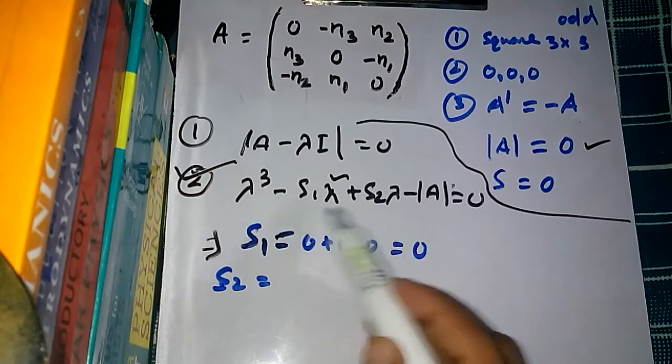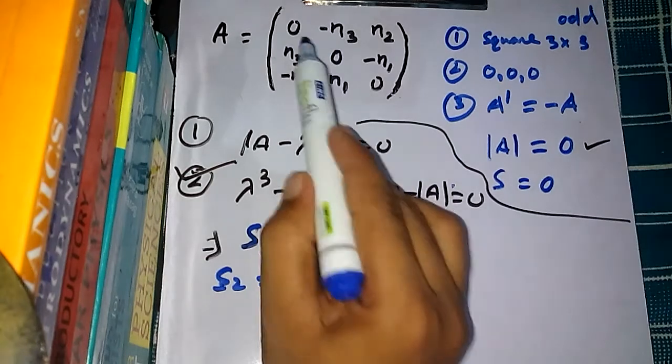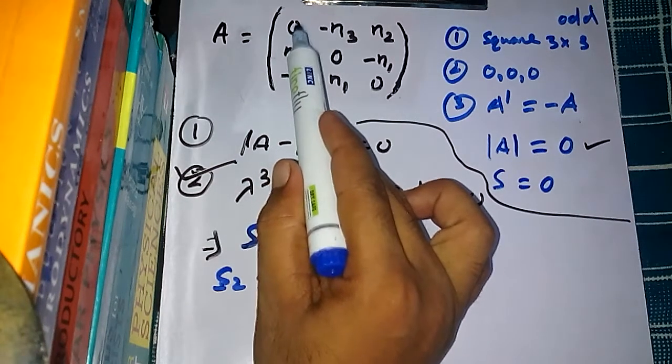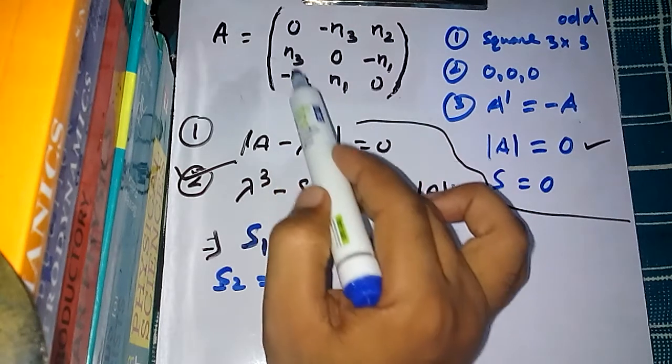Now s2. s2 is the sum of minors of diagonal elements. So this is the first diagonal element, and how do we find the minor of this element? We just erase this row, we erase this column.